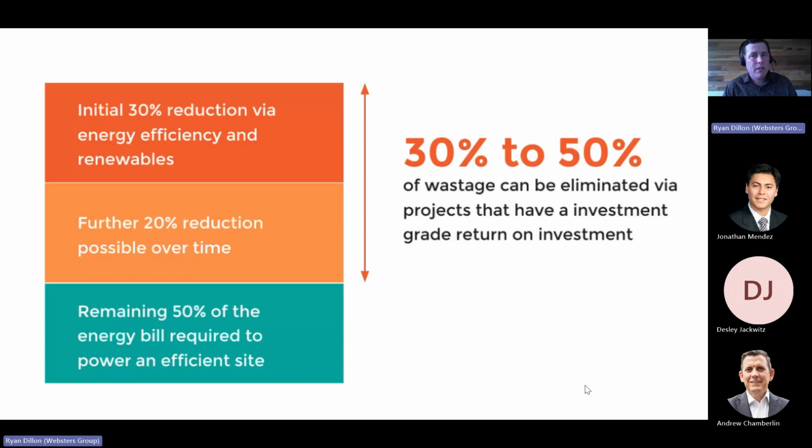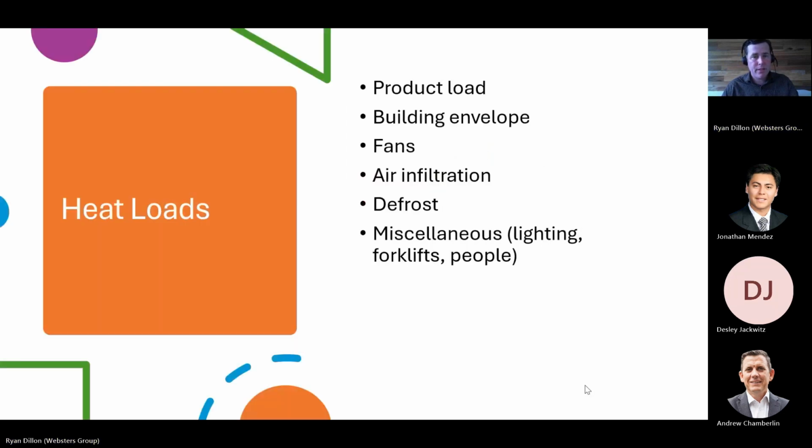Over time, through retrofitting and smart design choices, as you reach end of effective life and start to plan for the next generation of cold storage, and that being more efficient, we can actually see anywhere from 30 to 50% reduction in energy use, where that quite commonly has an investment grade return on investment.